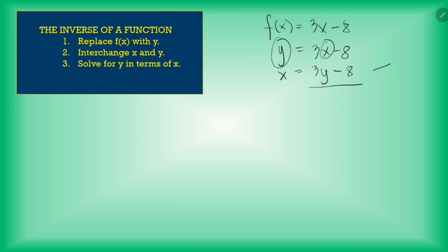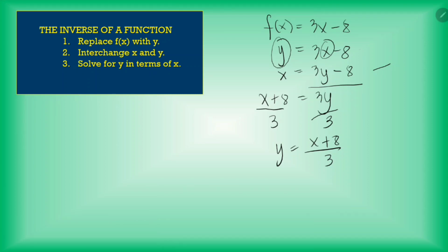So, syempre, we have to use the addition property para mawala si negative 8, or just simply transpose negative 8, that becomes plus 8. x plus 8 equals 3y. And then, we divide this one by 3. So, we now have y equals x plus 8 divided by 3.